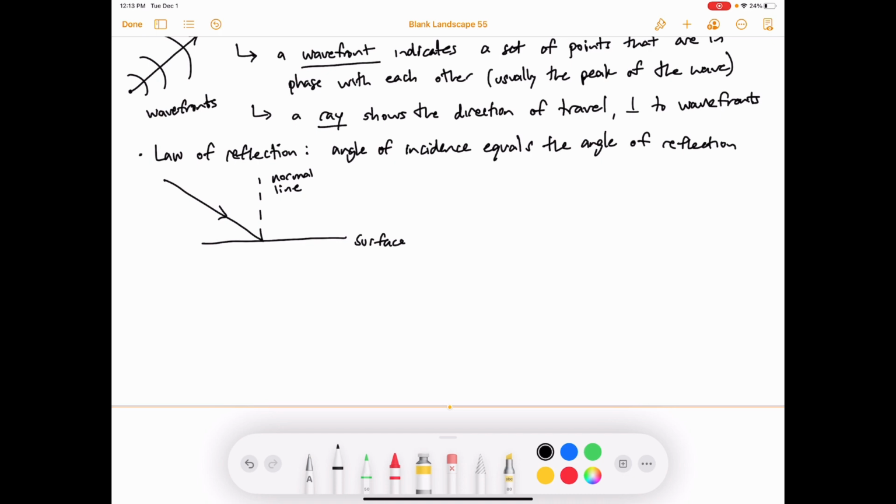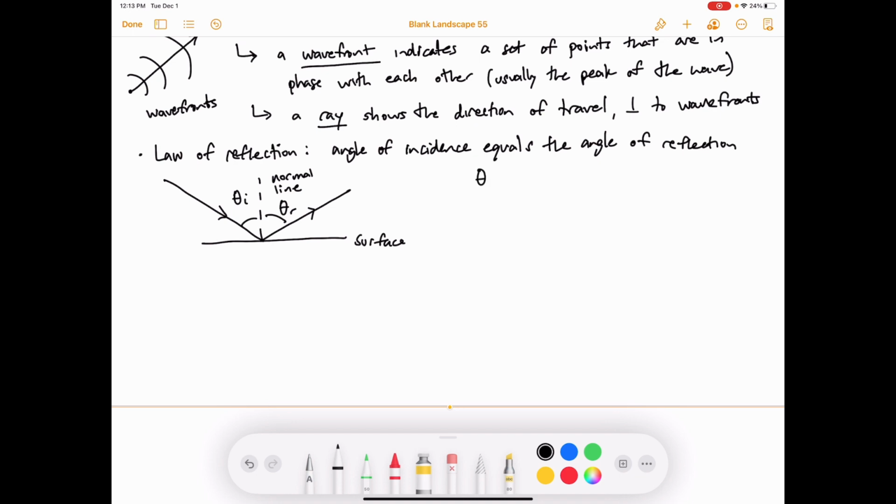So we measure the angle of that ray, which we call the angle of incidence, theta i, relative to the normal line. And then after reflecting, the ray goes off like this. Okay, that's the reflected ray. The angle of that reflected ray relative to the normal line is theta r.